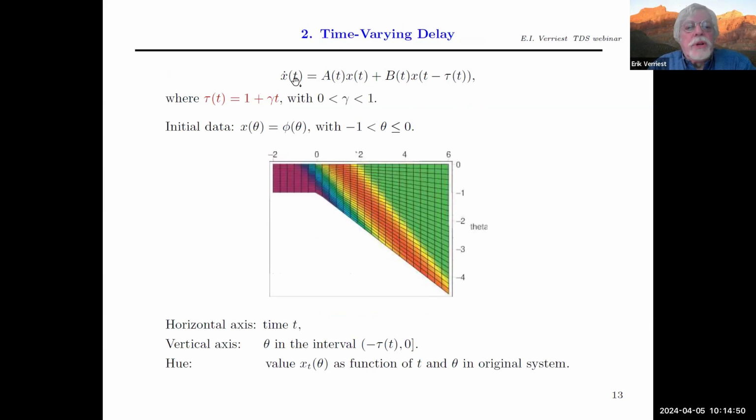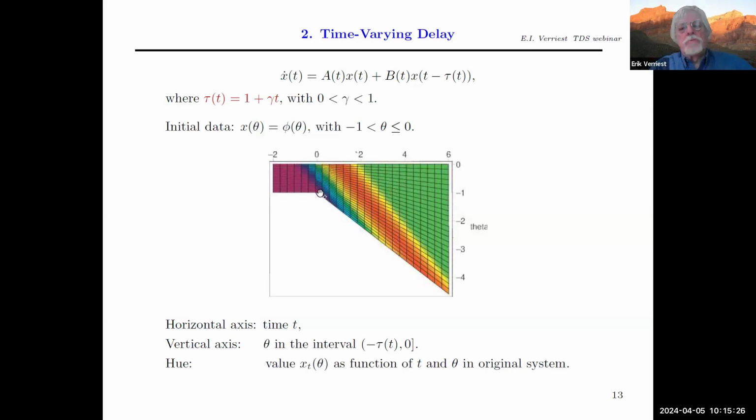However, if you take a simple problem, tau of t is 1 plus gamma t. Here, up to time 0, the delay was equal to tau. The horizontal axis is the time axis, and if the delay is 1, from 0 to minus 1 would be the delay. I moved it over perpendicular to the time axis, so the vertical axis is actually the stuff that was in the delay.